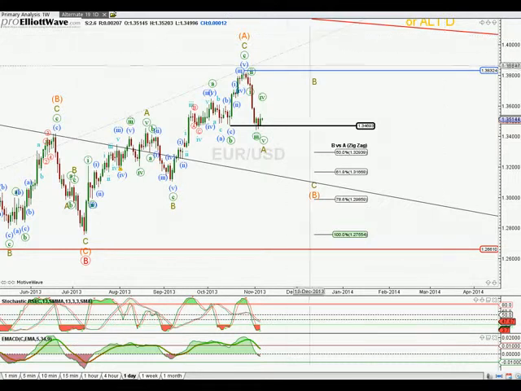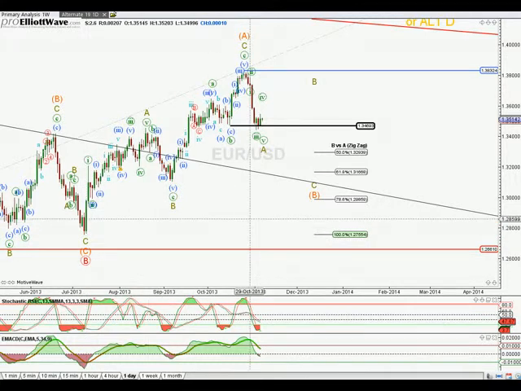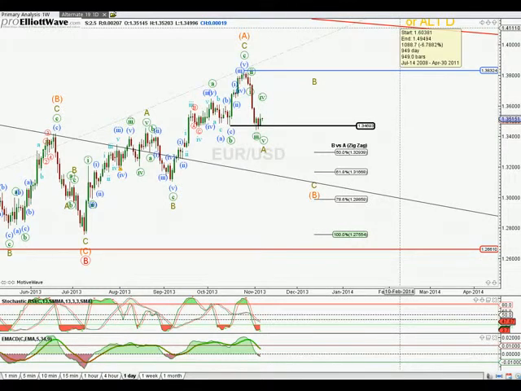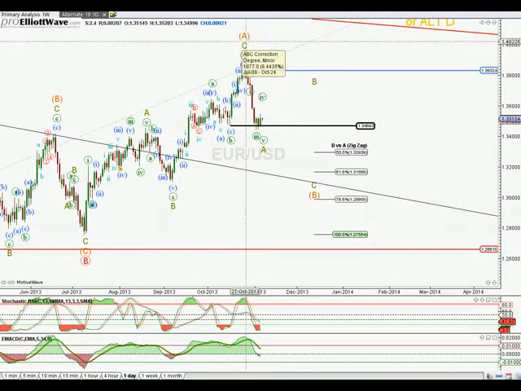Now the timing, as you can tell, it took a very long time for this to form, about a year to form the B. So to form the AB. So I would think we have a good another 3-4 months minimum to see the end of this pattern. Zooming in, you'll see that from the B, we have done an ABC so far.